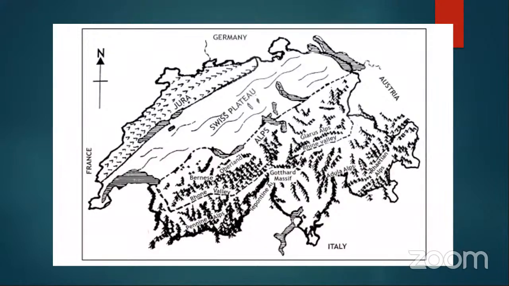And if you can see what has been displayed, it is Jura that takes the smallest part. So the first physical region of Switzerland is the Jura.